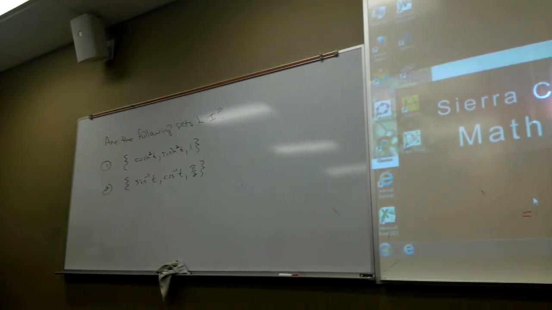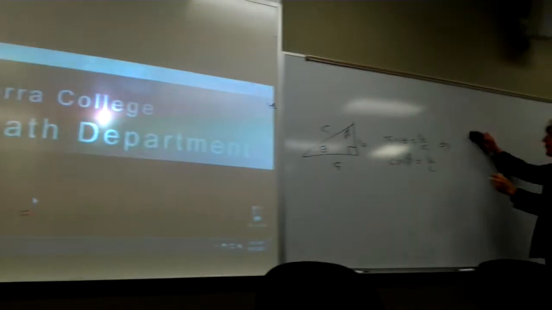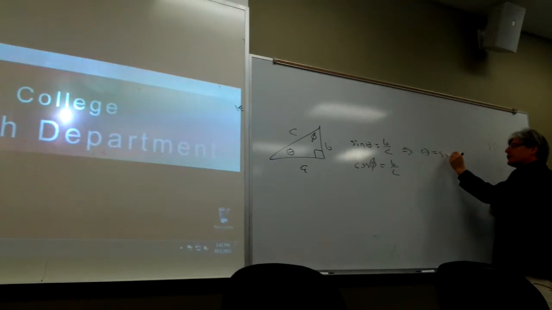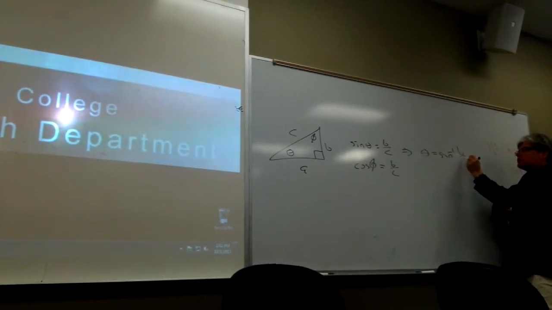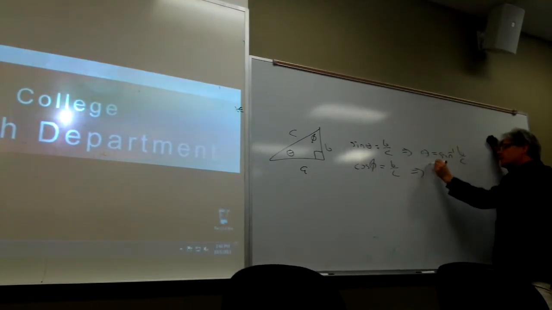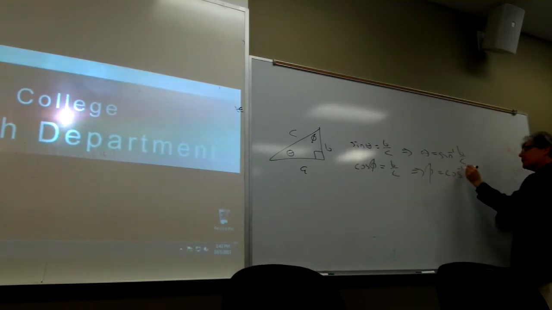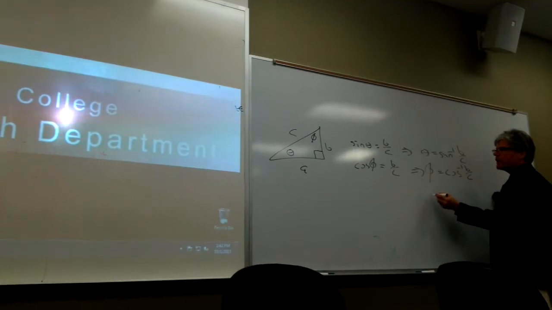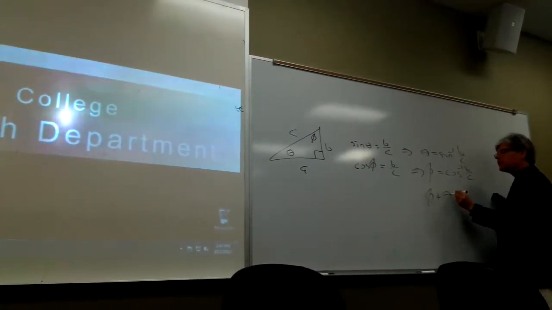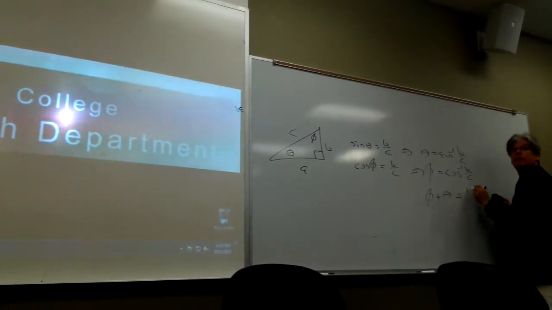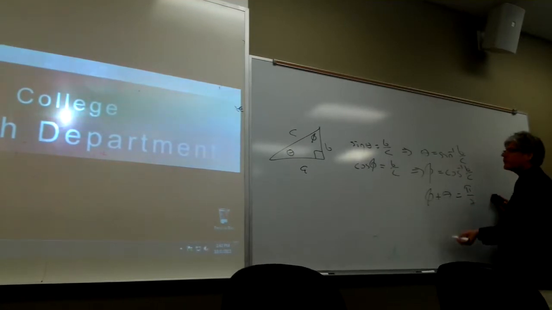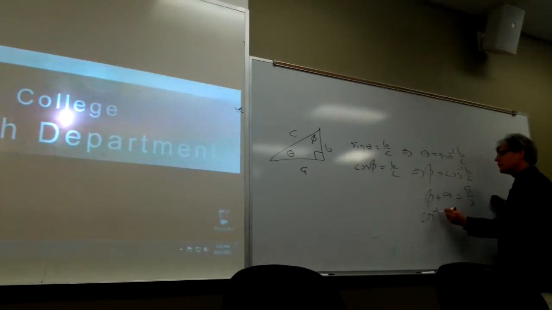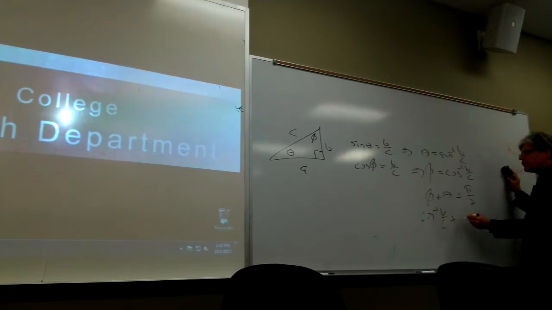You can think of theta as the inverse sine of B over C, but you can also think of phi as the inverse cosine of B over C. And that being the case, what can you say about phi plus theta? Another name for phi is this, and another name for theta is this.